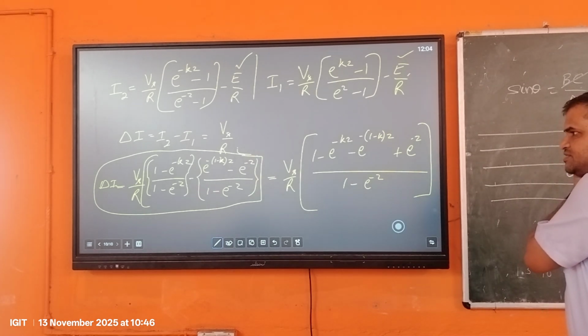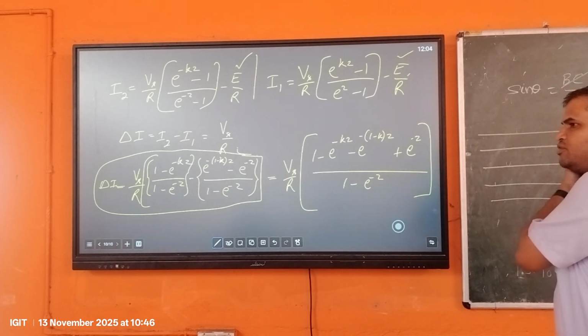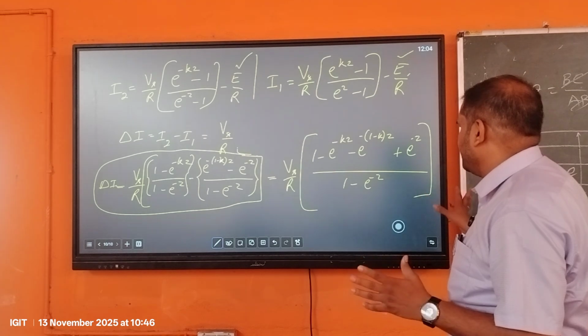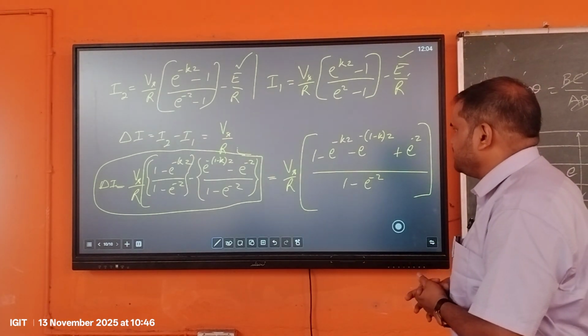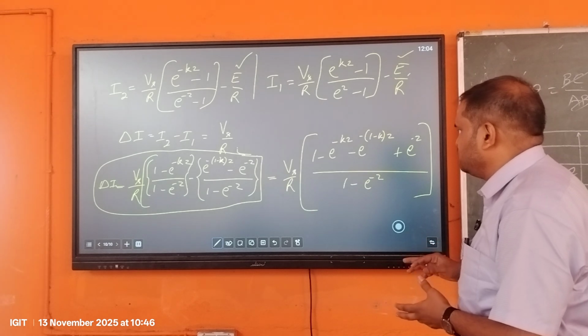Now after doing this, we need to come down to a value of k, because we cannot proceed further unless we define the value of k. So once we define the value of k, after that we can go for the value.